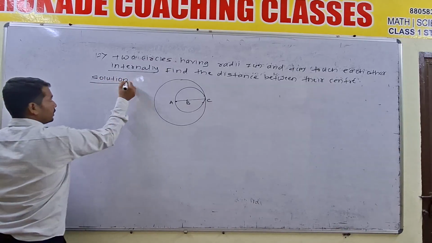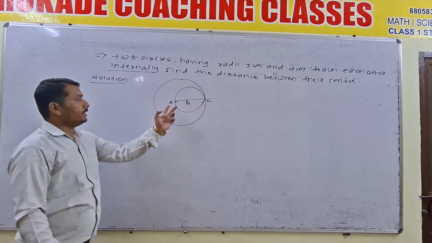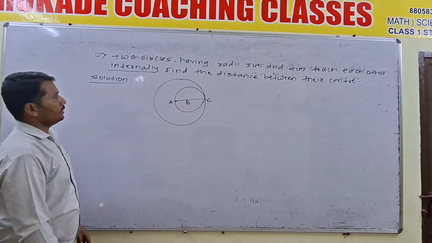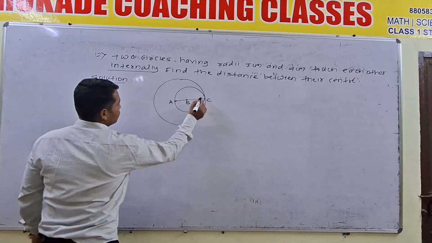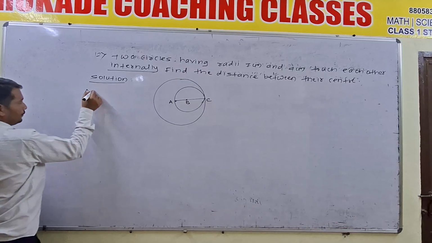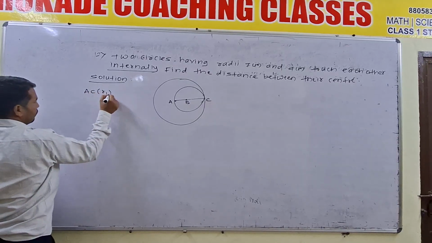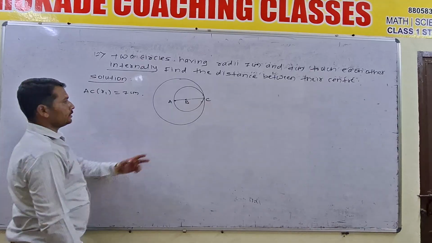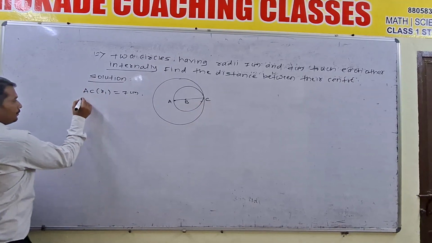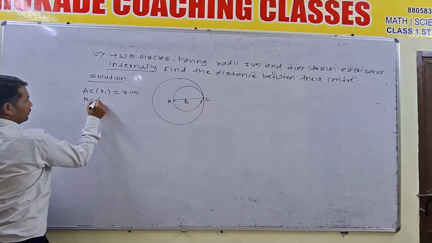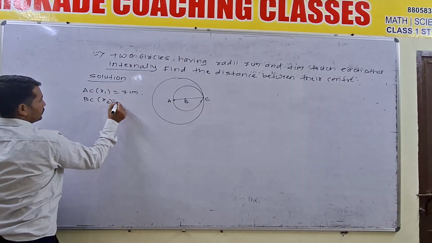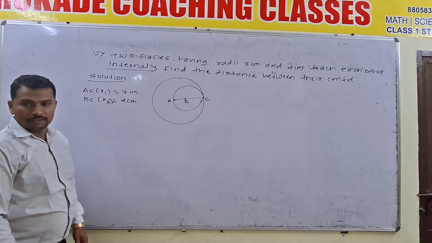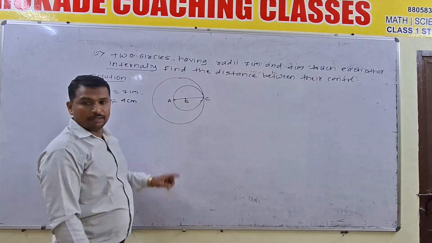Look at here also now. We find the distance between their centers. So we know that AC is R1. AC means R1 is equal to 7 centimeter, and BC means R2. R2 is 4 centimeters. Right? Circles are touching internally.